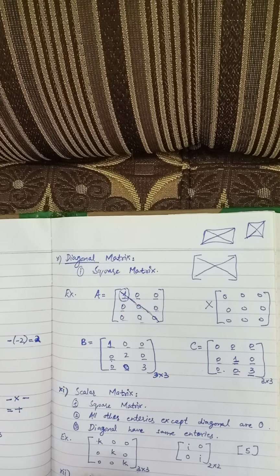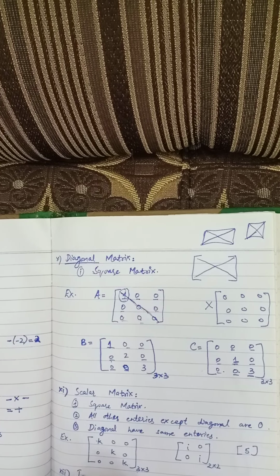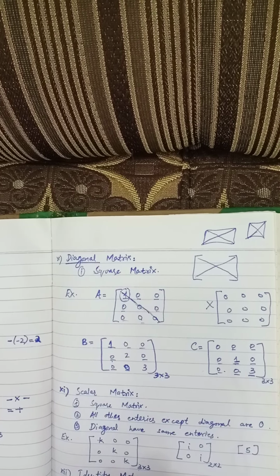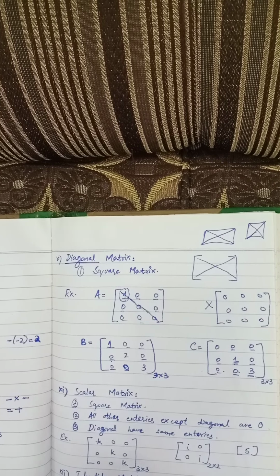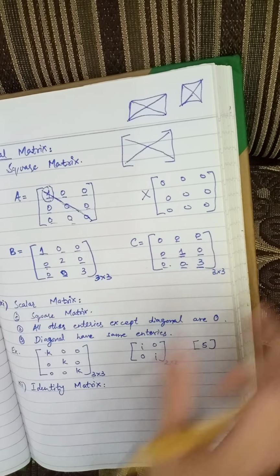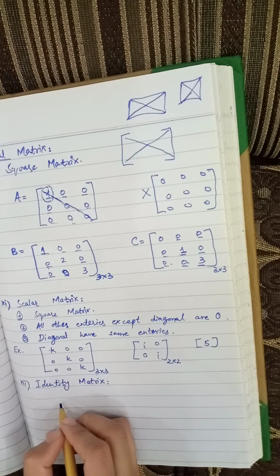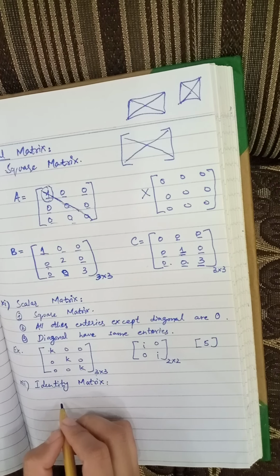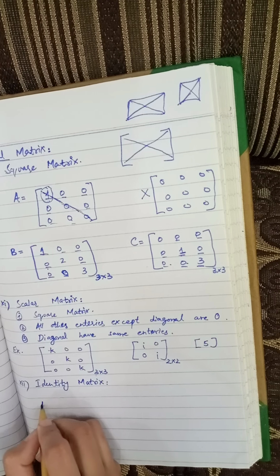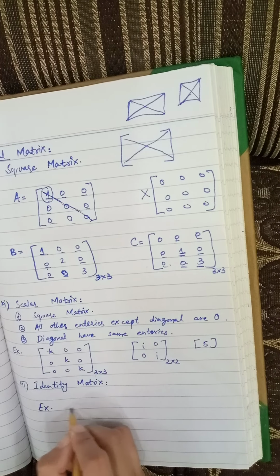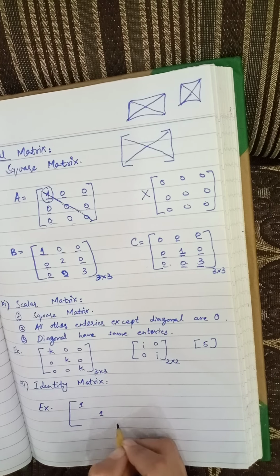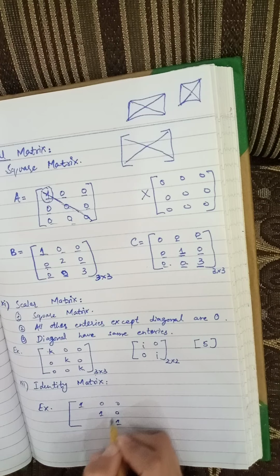The last type of matrix is the identity matrix. What is the identity matrix? The identity matrix is a diagonal matrix, but it has 1 in its diagonal and all other entries are 0.